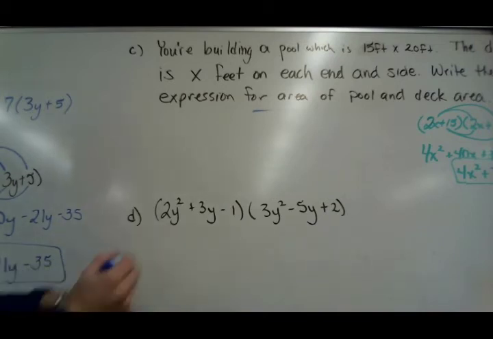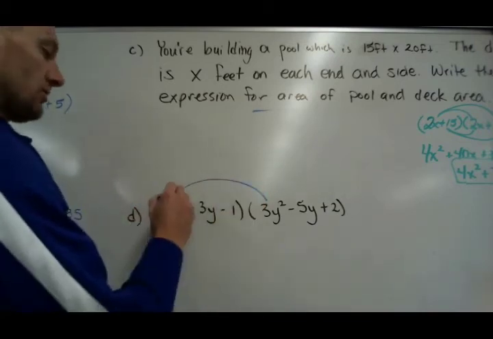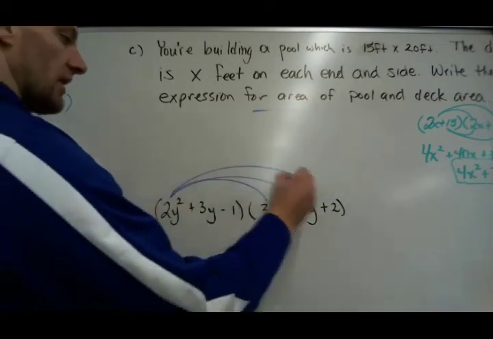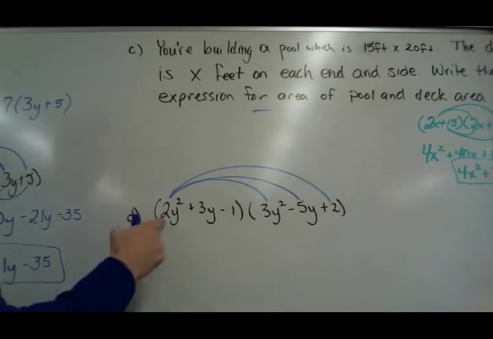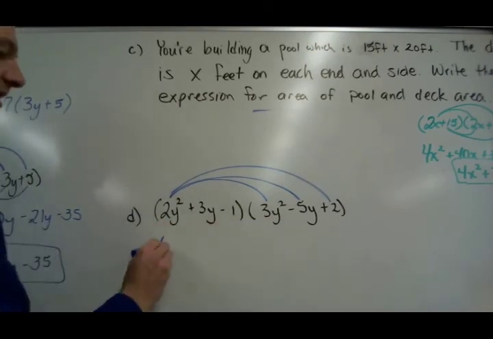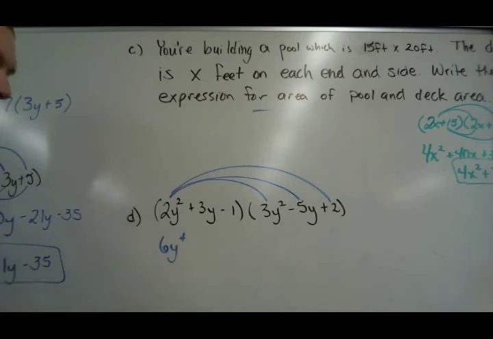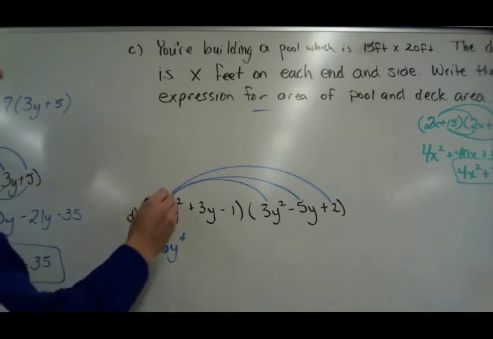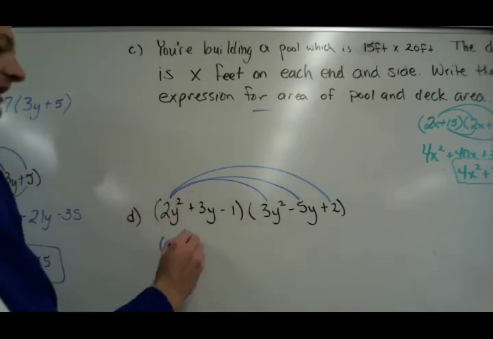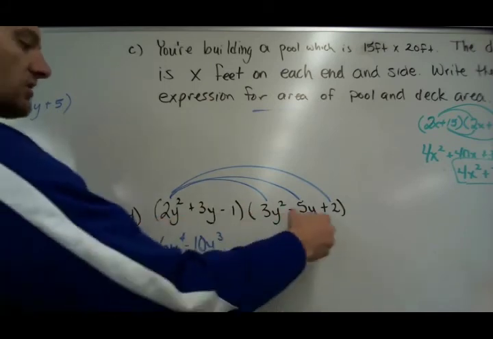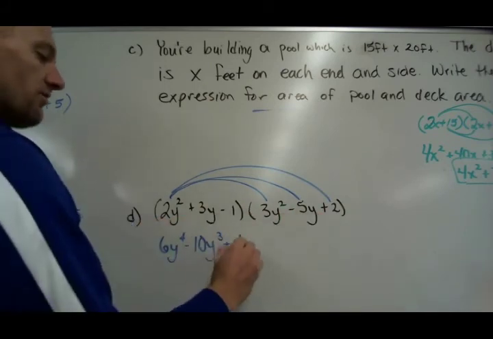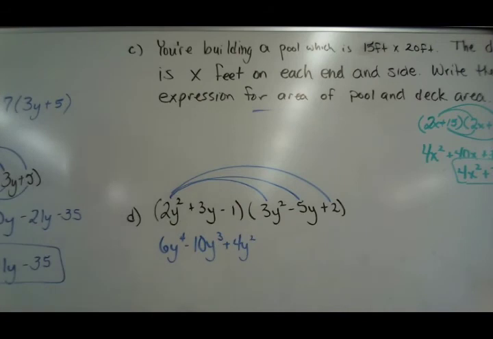So I'm going to take my 2y squared and distribute it to that entire second trinomial. 2y squared times 3y squared is 6y to the fourth, adding your exponents. 2y squared times a negative 5y gives you a negative 10y cubed. And then 2y squared times 2 is a positive 4y squared. So there's my first distributive step.